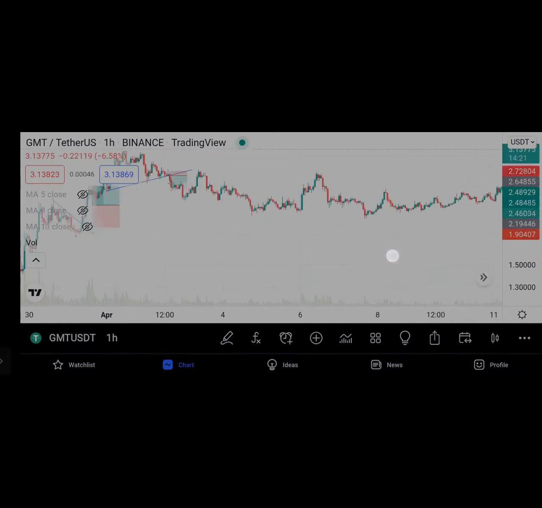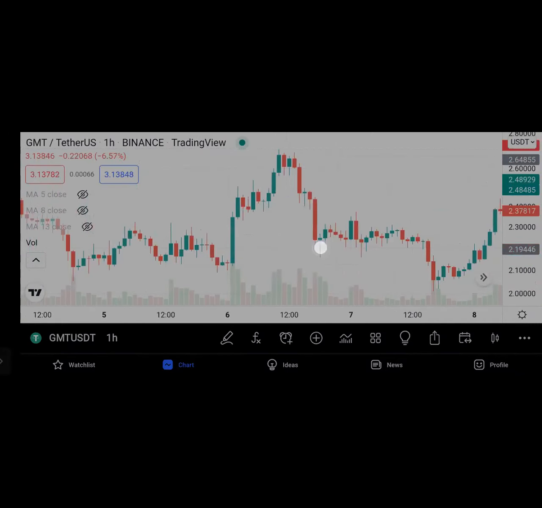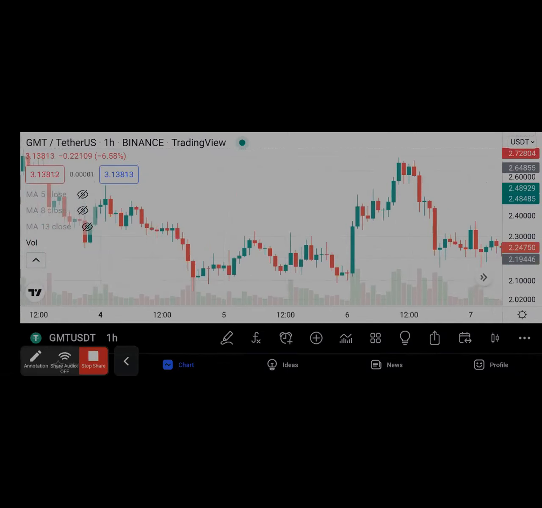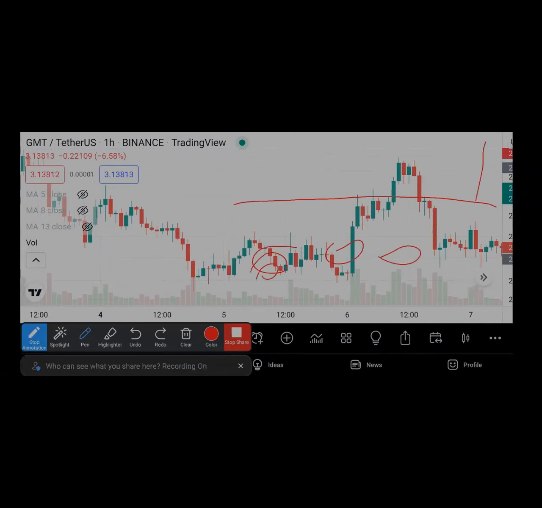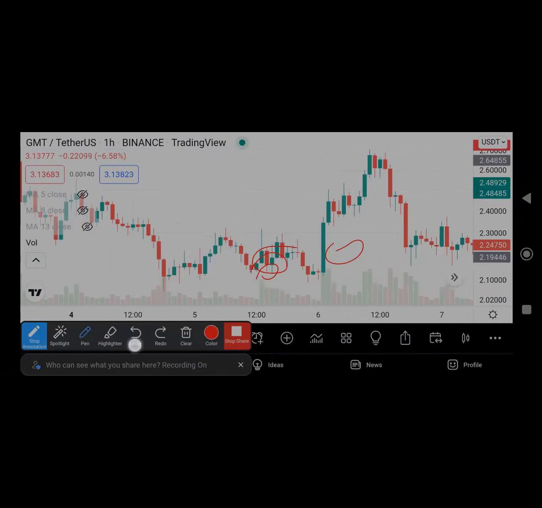All right, I think I see a clear example of a triple bottom. We can see right here the first low, second low, and third low, which are nearly equal. You can see the neckline is broken, it kind of makes a retest, not a full retest, and it continues.